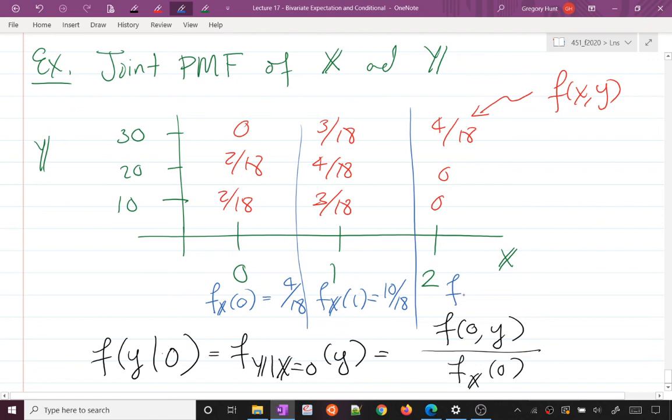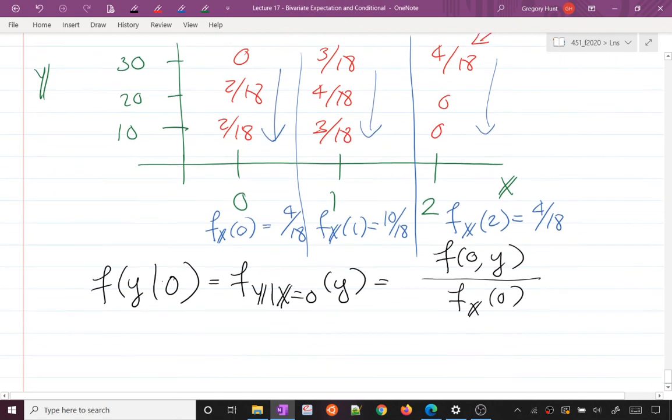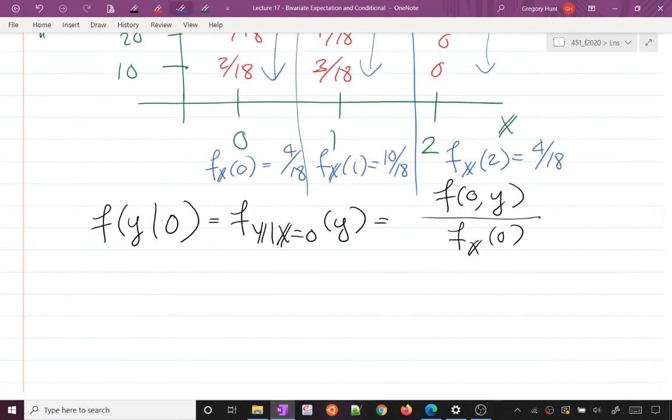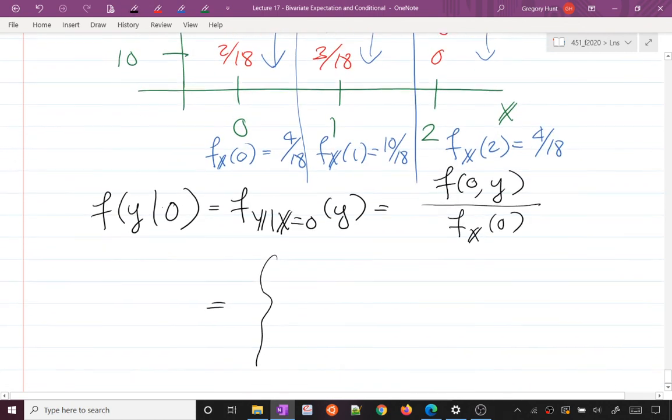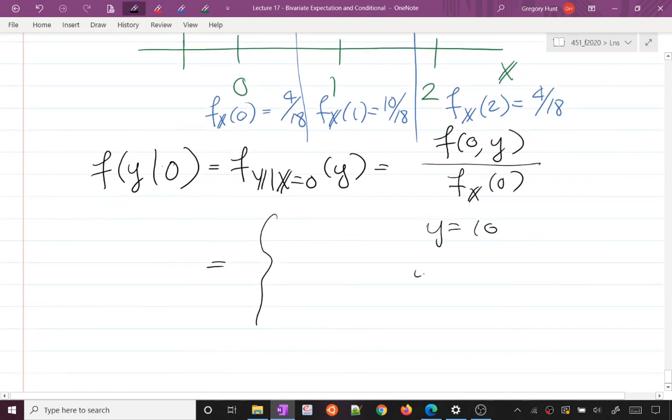And the marginal of x at 2 is going to be 4/18. I'm just summing down these columns. That's how we get the marginals. And I'm going to have 3 cases here because y can either be 10, 20, or 30.